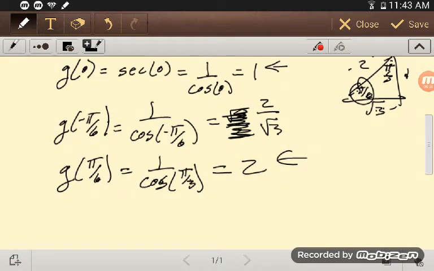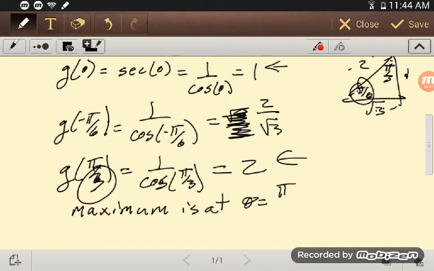And so our maximum is at theta equal pi over 6. Oh wait, pi over 3. Sorry about that. That was pi over 3. I got it right here, and I did it right there.